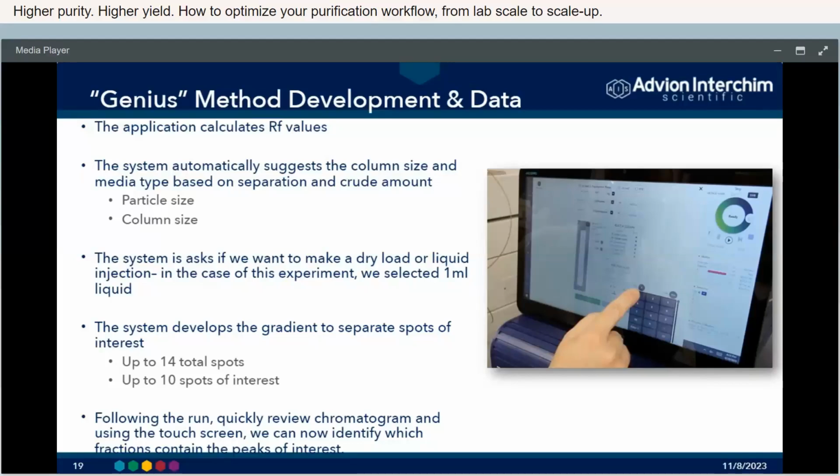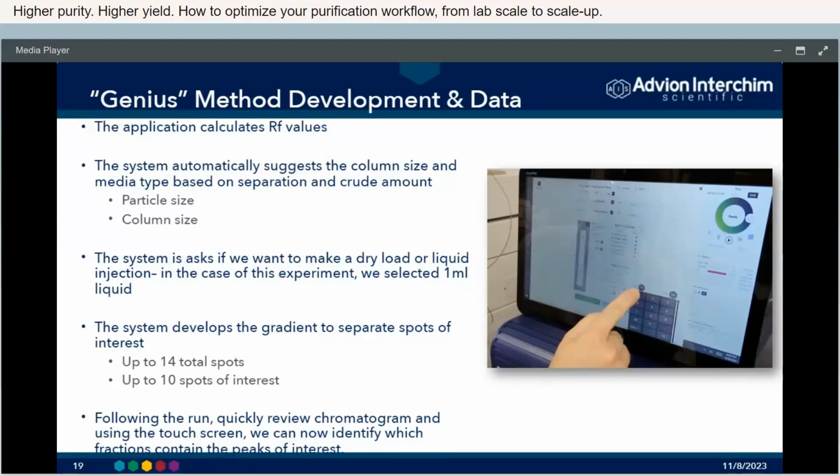The system will also prompt you if you want to make a dry load or liquid load. So basically it'll ask you if your compound is soluble in the starting conditions, and if not, it will suggest a dry load. The system is able to develop a gradient to separate the spots of interest. So in total, you can use up to 14 spots and 10 spots of interest.